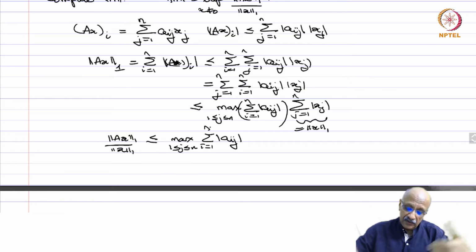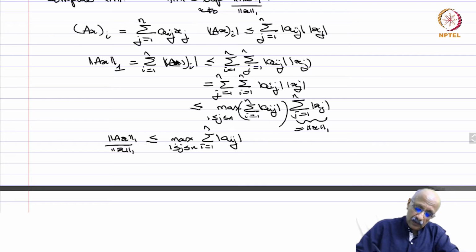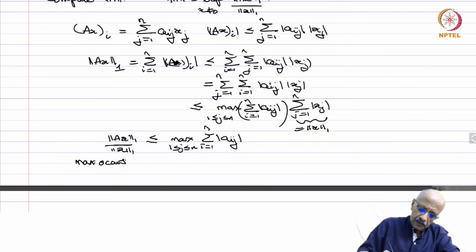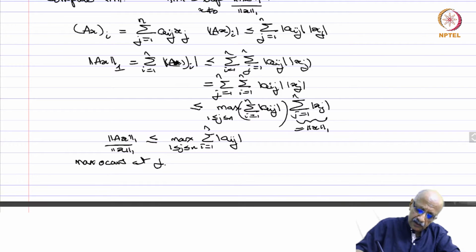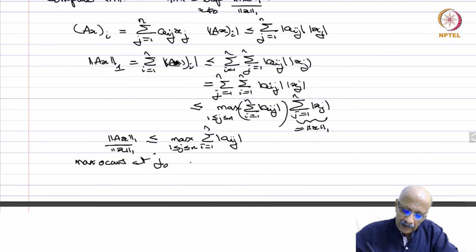So, you get this. Now, I want to show that this is in fact equal. So, this means that norm A is less than or equal to this quantity. Now, assume that the max occurs at some j naught. Then you consider x equals e_j naught, the vector with 1 in the j naught place and 0 elsewhere.